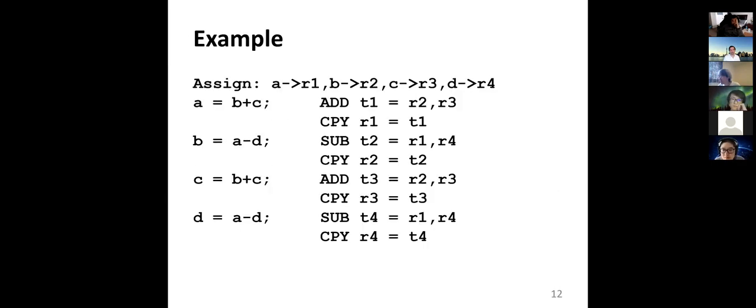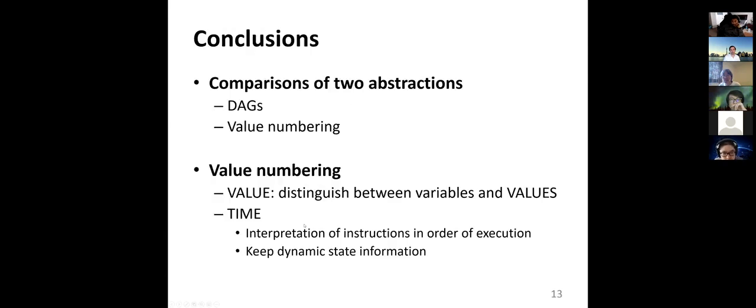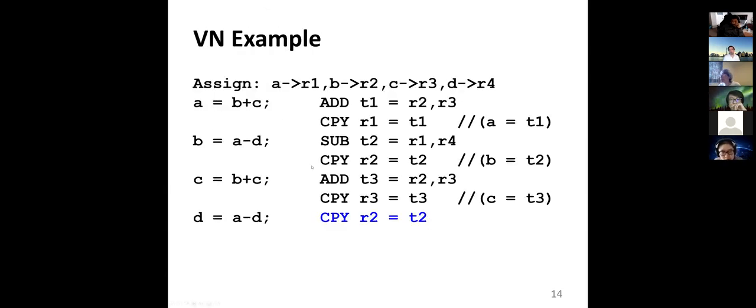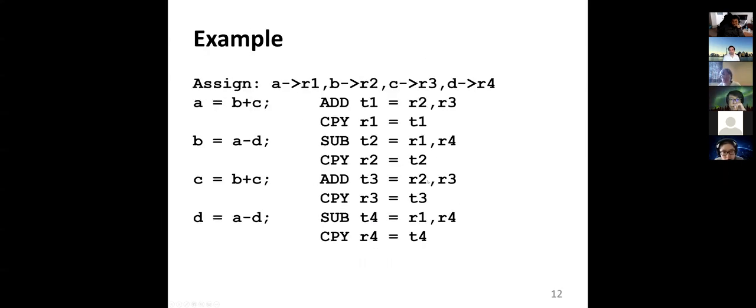As you can see, looking at the value numbering, you can find that the value of T2 already has exactly the same expression. If you look here at R1, when we extract the representation, you'll find that this is identical to this one.